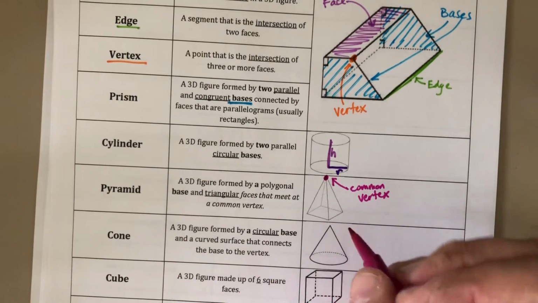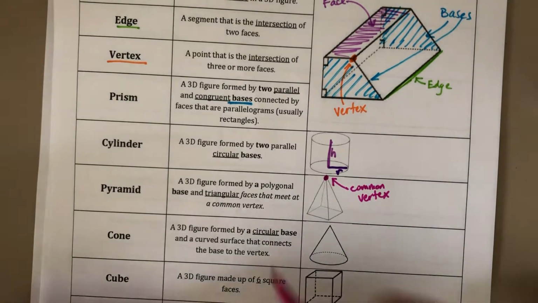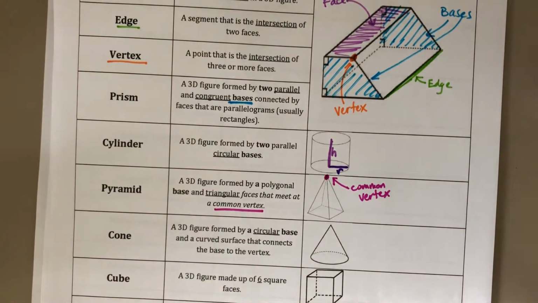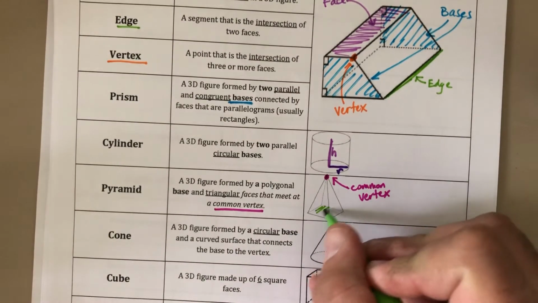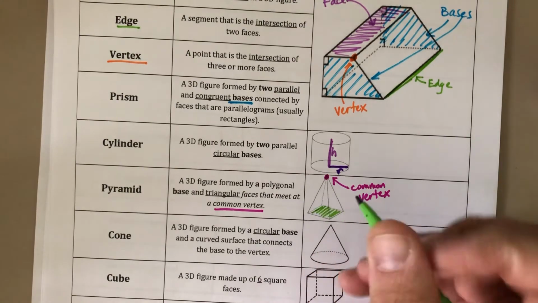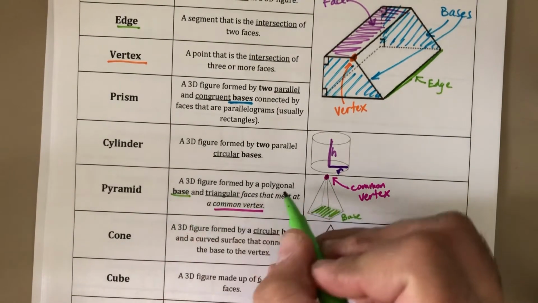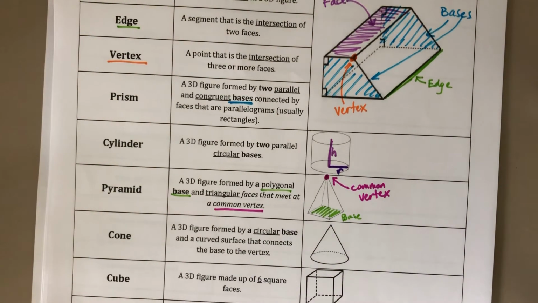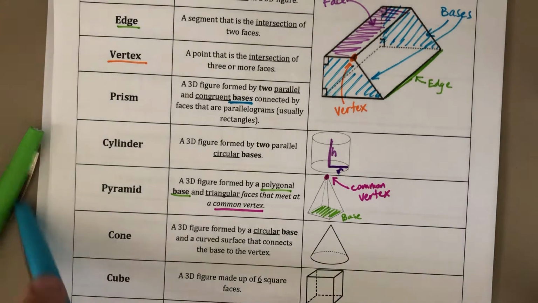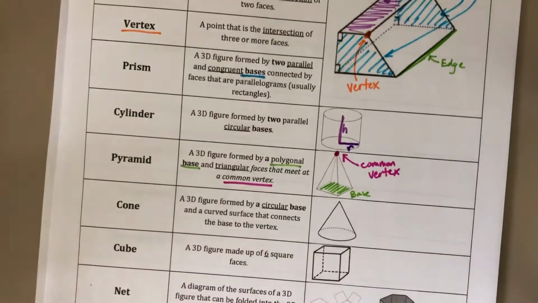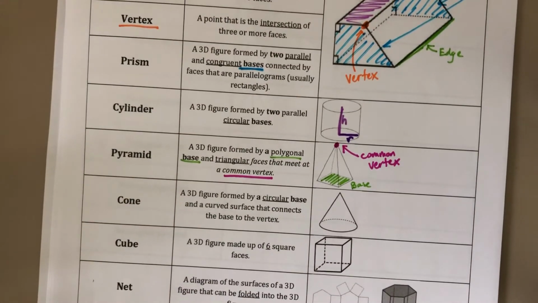And that base again, so here's the common vertex. That base, in this case, is this rectangle. So there's your polygonal base. Okay. If you think about pyramids, you can literally think about the pyramids in Egypt.